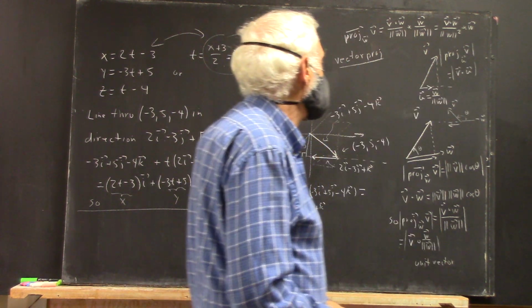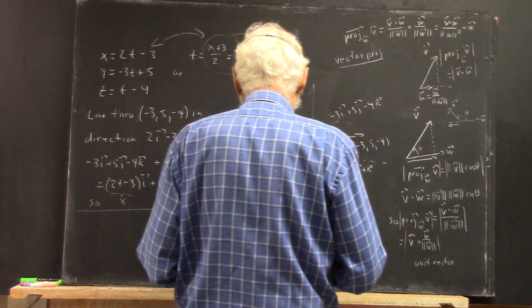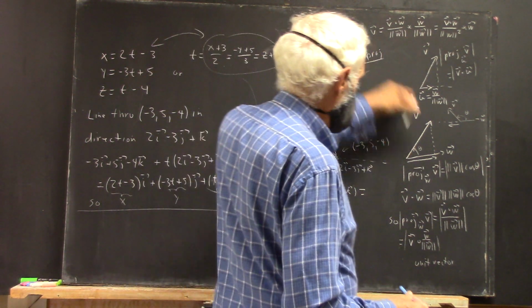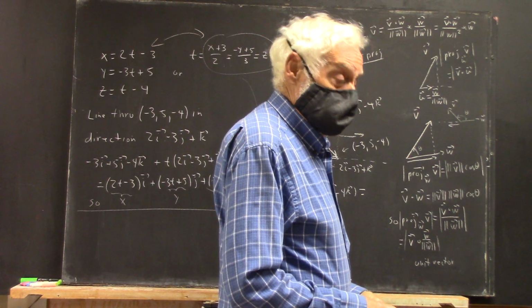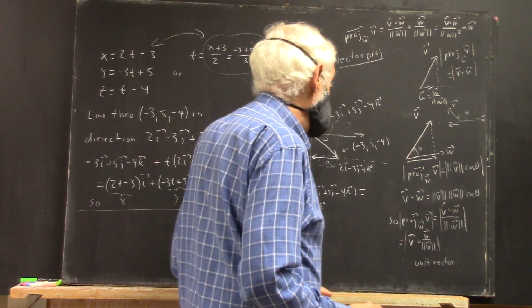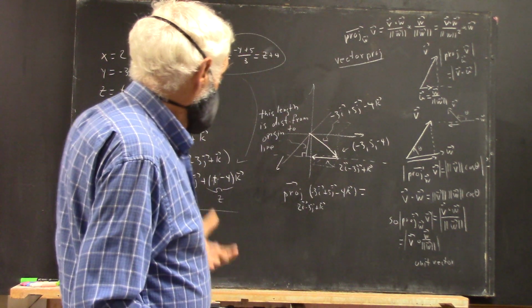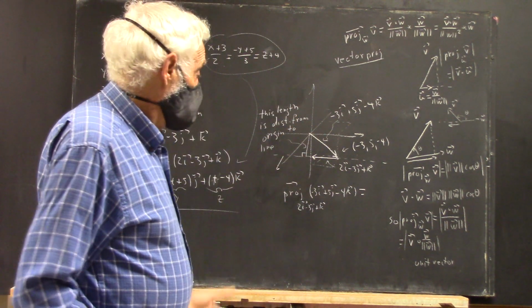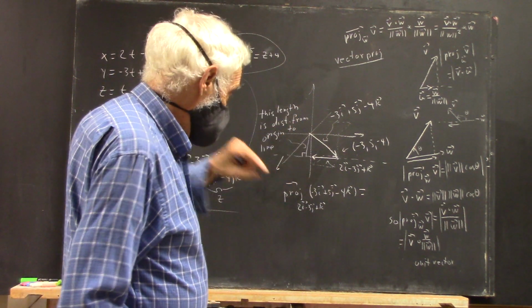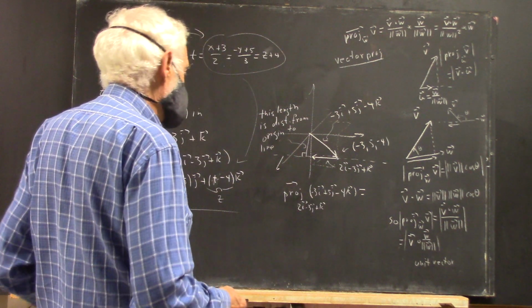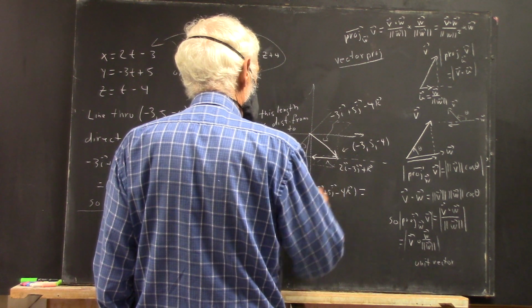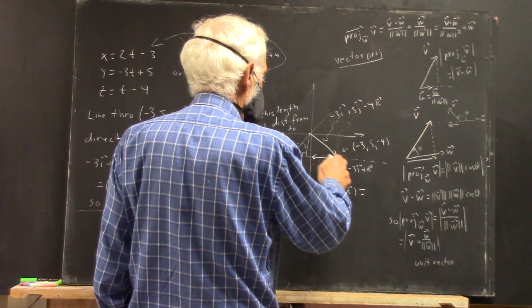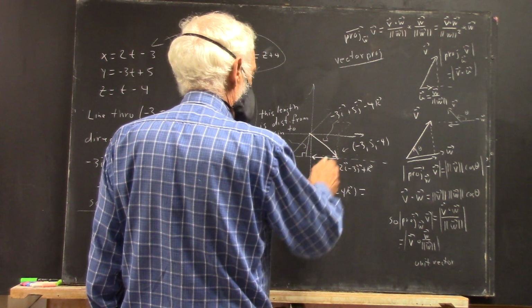So I recommend, if you understand these pictures, be able to reconstruct them anytime you need them, because if you do, it gives you pretty much the whole picture. Now let's bring that back to here. Okay, so we project this vector on this one. So we project this vector on this vector.